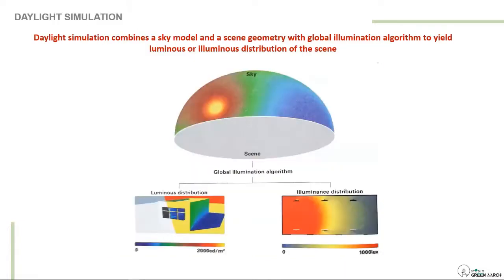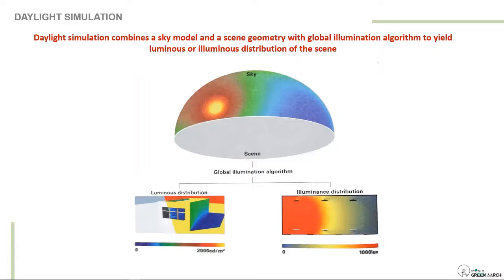Now coming to the daylighting simulation. Daylight simulation combines a sky model where we have a lot of different types of sky, CIE clear sky, overcast sky. For point in time simulation, we provide the sky conditions. For CBDM, that is climate based daylight modeling, yearly simulations, we get the data from the weather file.